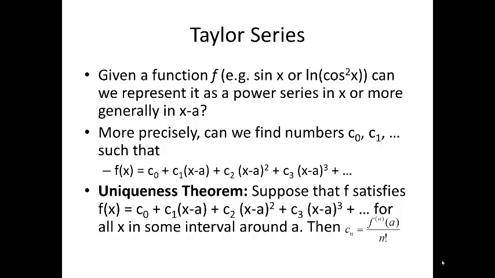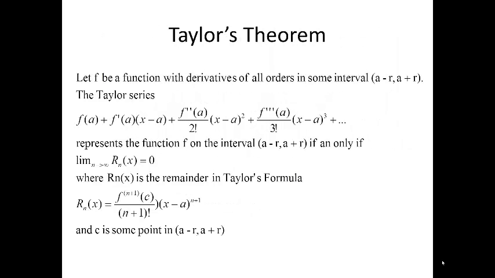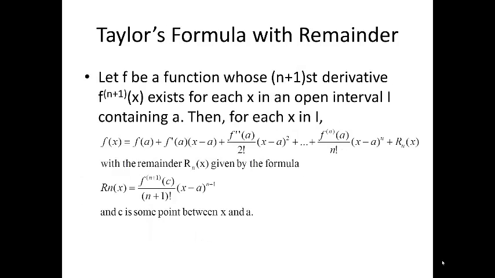So let's take a look at Taylor's formula with a remainder. We'll have f be a function whose n plus first derivative, f superscript (n+1) of x, exists for each x in an open interval I containing a.